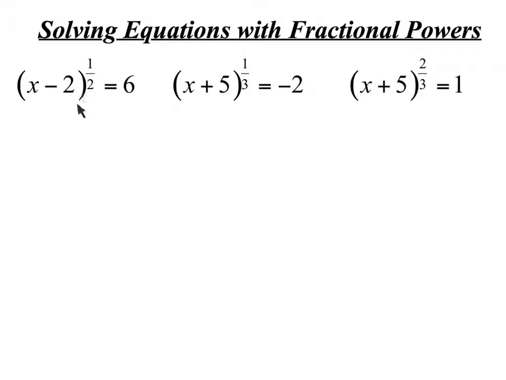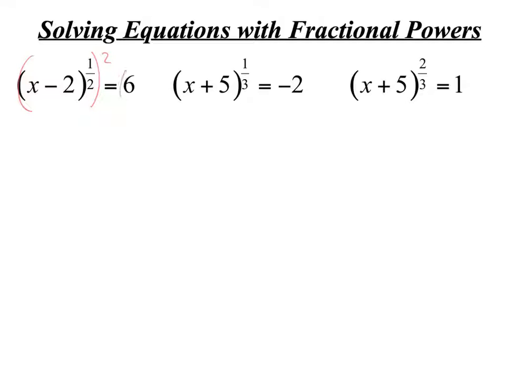Alrighty. So if I want to solve this problem right here, I have to get rid of this 1/2 power. To make a 1/2 power go away, you have to power it by the reciprocal, which is 2/1 or the 2nd power. So if I take this to the 2nd power, our power is gone.